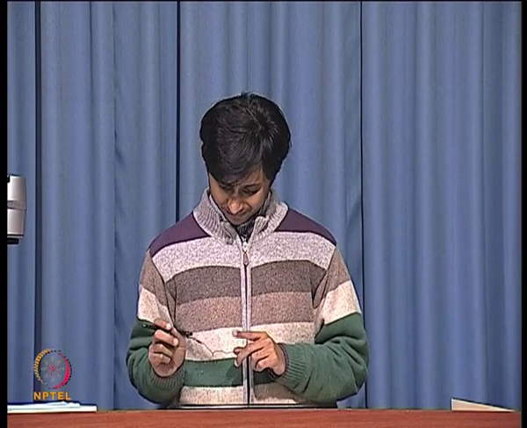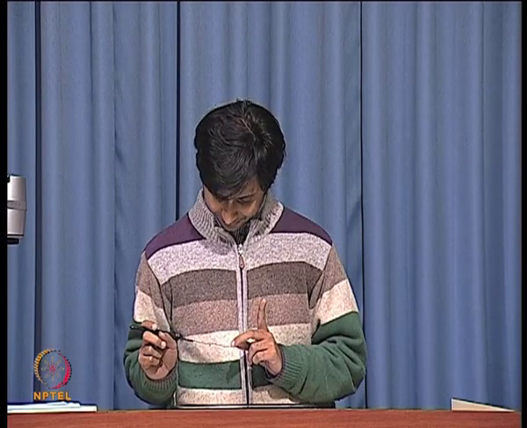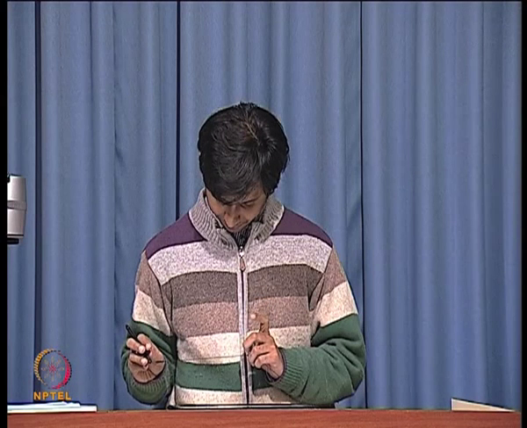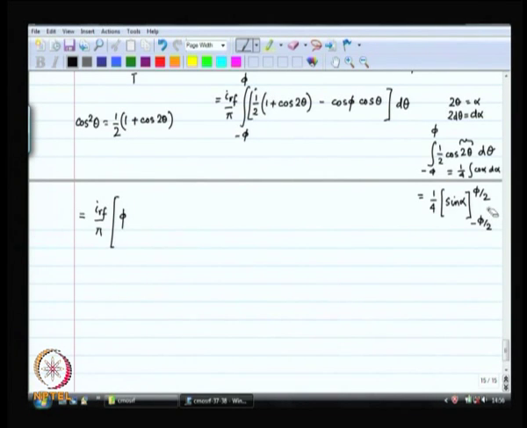The third integral. No, I think I am making a mistake over here. Yeah.